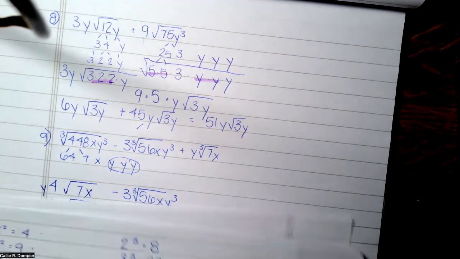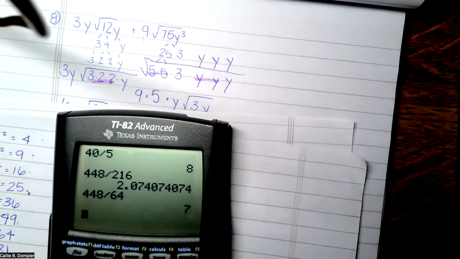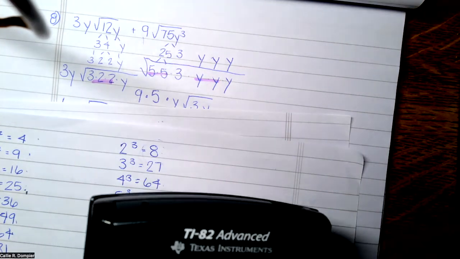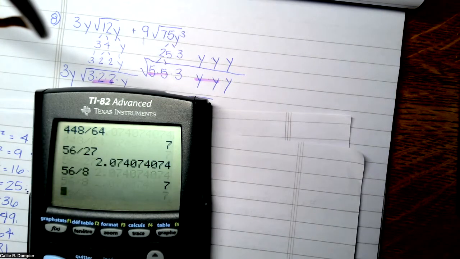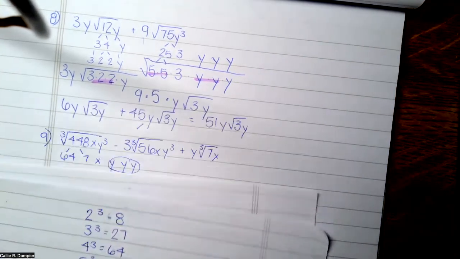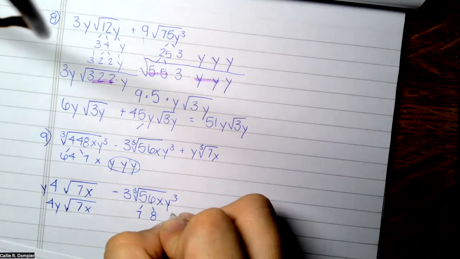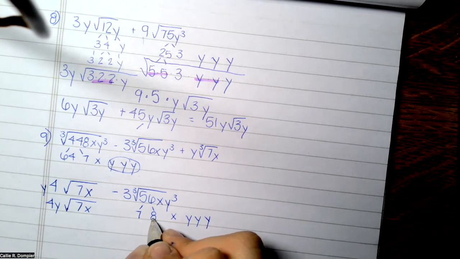I'm looking at this list. 56 is not on it. I might be able to divide 56 by 27. No. 56 divided by 8. Yes, 7. So 56 becomes 7 times 8. That x, those 3 y's. 8 we know is 2.